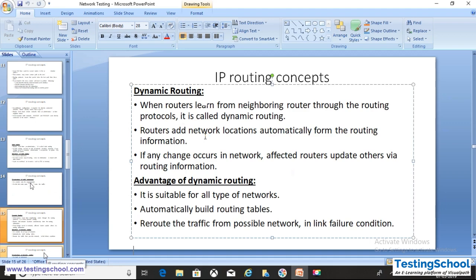When a router shares information with a neighboring router, that mechanism is called a routing update. In a particular time duration, a router advertises its routing information through broadcast or multicast. Depending on the protocol we are using, it will decide whether it will be broadcast or multicast.